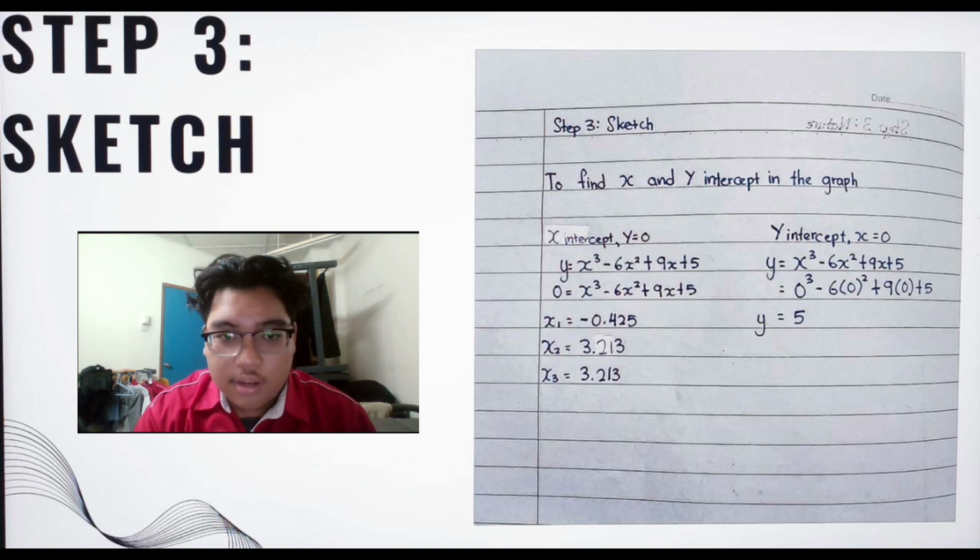So in the equation, all x values are replaced by 0. y equals 0 power of 3 minus 6 multiplied by 0 square plus 9 multiplied by 0 plus 5. After we do the calculation, y will be equal to 5.